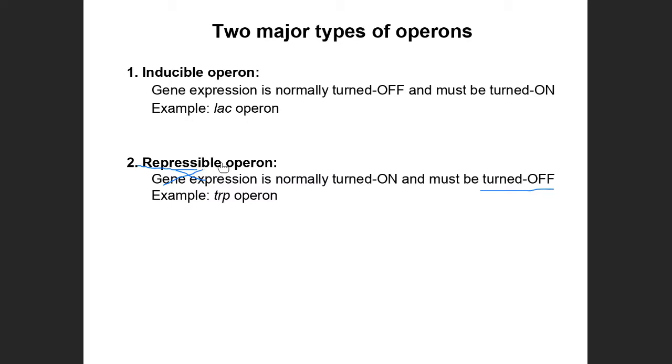We call these operons repressible operons. So in the name of these two groups of operons is what has to occur to change their state, from an inactive state to an active state, or from an active state to an inactive state. That's what we're getting at. So the type of operon we're going to go over here specifically, an example of a repressible operon, is the Trp operon. Trp stands for the amino acid tryptophan.